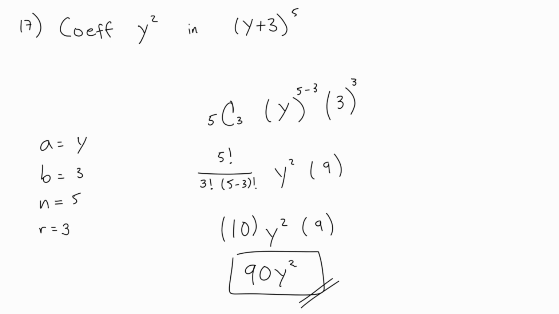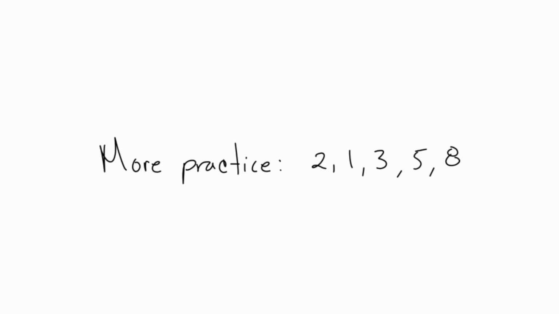Sorry. Okay, now let us go for the tough cookies of the review packet. I chose 5 exercises from the more practice set. If we go to the more practice, I want to do them in this order: 2, 1, 3, 5, and 8. The first 3 questions are very similar.